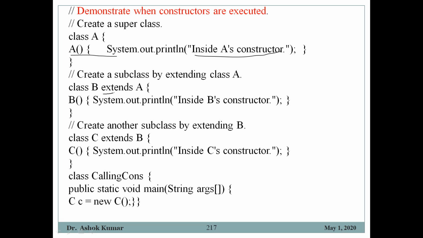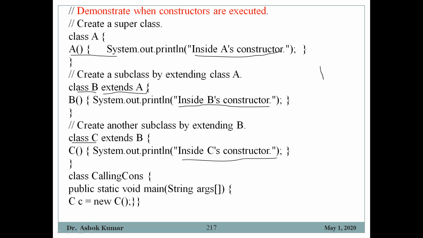We extended the A class, and the subclass in this case is B, and in B we have one constructor, and this constructor when executed will print inside constructor B. And similarly we are creating class C from class B using inheritance, and in the C class constructor we are printing this message inside C constructor.